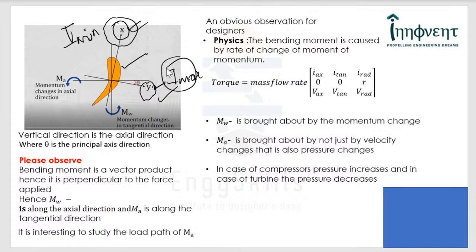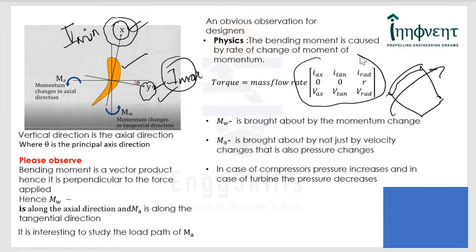Now, those from the fluid domain would understand how a turbine blade develops torque. It is the moment of momentum of the fluid. As the gas hits the turbine blade and flows across it, there is a change in the moment of momentum of the fluid, which is represented by this particular matrix.